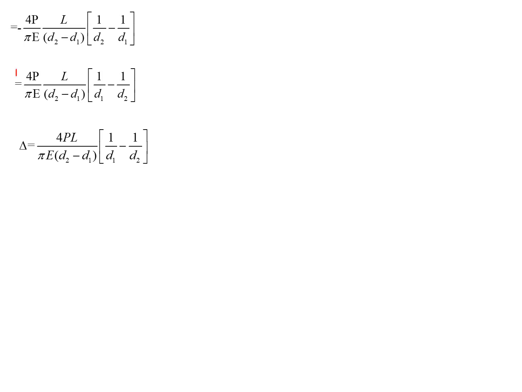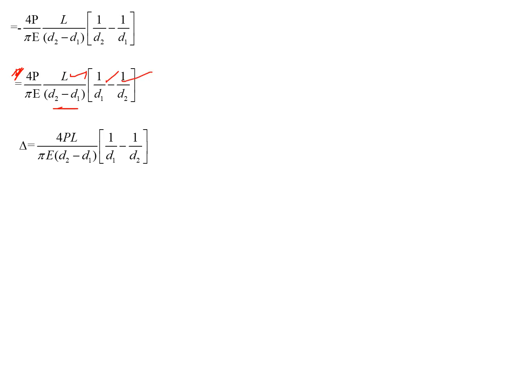To eliminate the minus sign, we write 1 by d1 minus 1 by d2. Then the equation becomes 4P by pi E into L by d2 minus d1 into 1 by d1 minus 1 by d2.